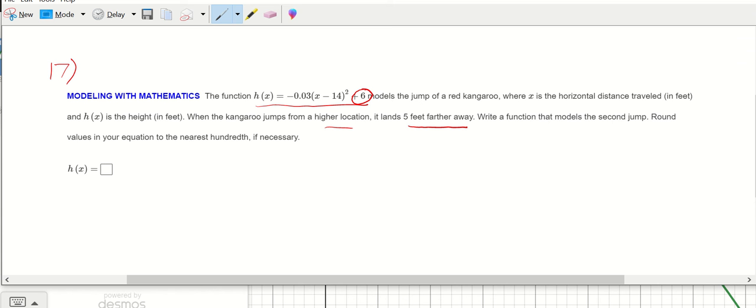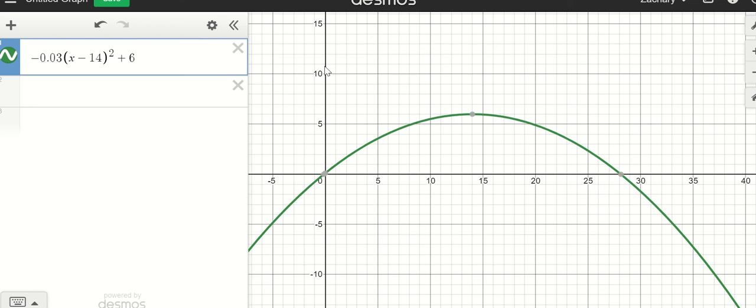So before I really get into the math part of it, let's maybe look at just something on Desmos real quick. So I have the current path of the kangaroo, right? So it starts here, jumps here, and it lands over here somewhere. And we want it to land 5 feet further away.